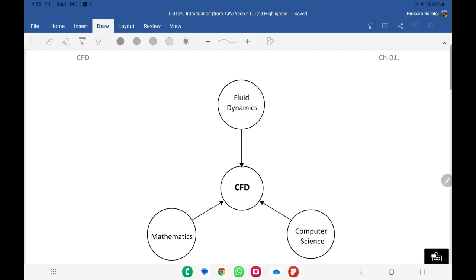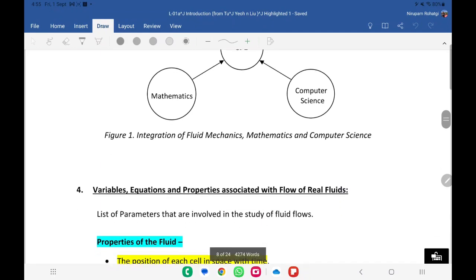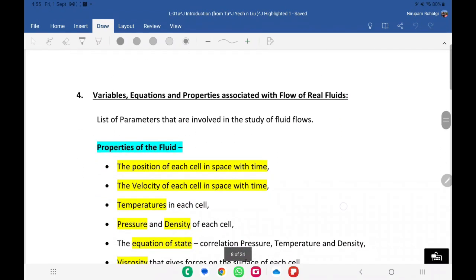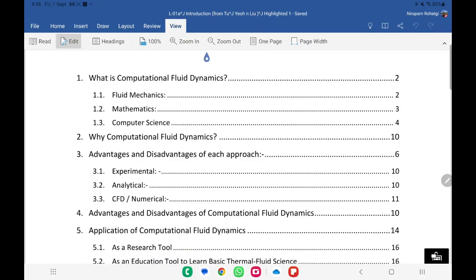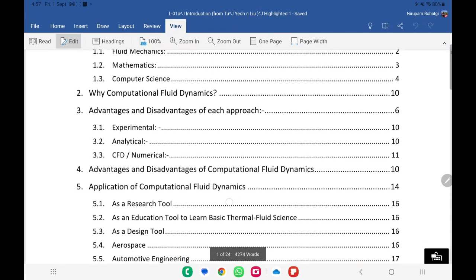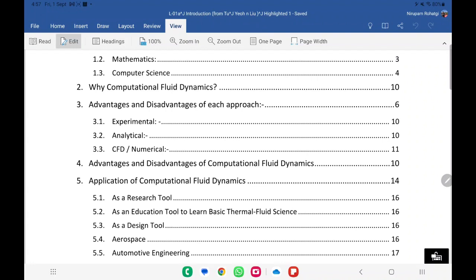Okay, and we will continue from here. Only one section we have completed. We will talk about many things: what are the different approaches to solve the problem of fluid mechanics.